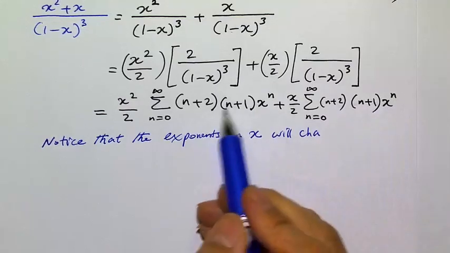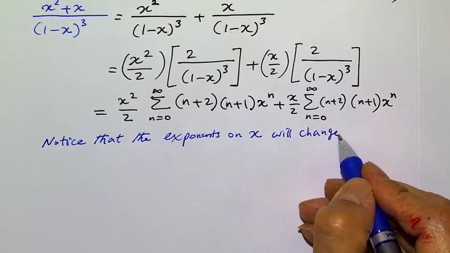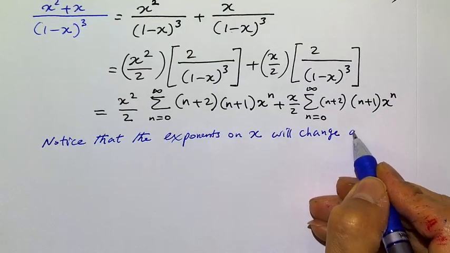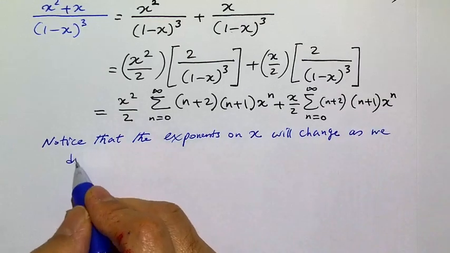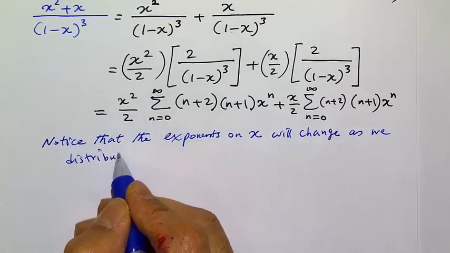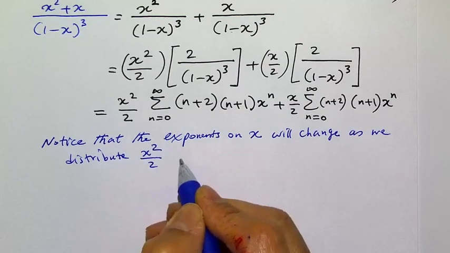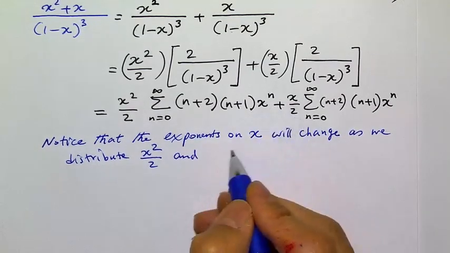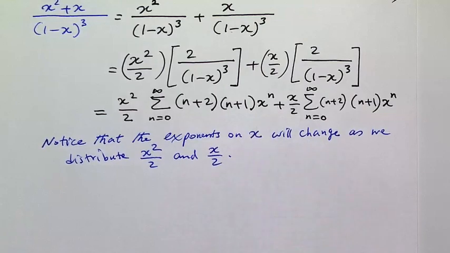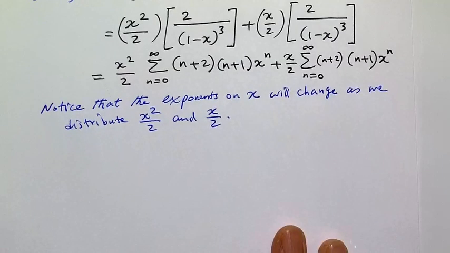Right now it's x to the n, x to the n. And so they change as we distribute x squared over 2 and x over 2. Okay, so what are we going to get? We're going to get this.